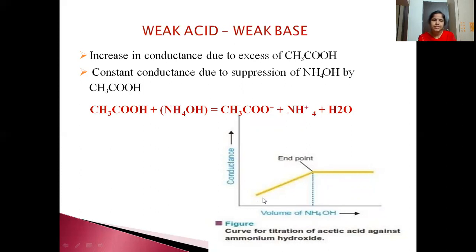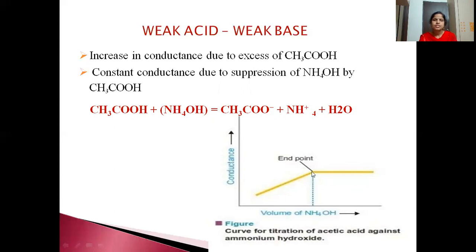First there will be an increase in the conductance because acetic acid is a weak acid, so it is starting from low conductance. As we add ammonium hydroxide, slowly the conductance increases. And then because of this suppression of ammonium hydroxide by the acetic acid, the curve remains constant.